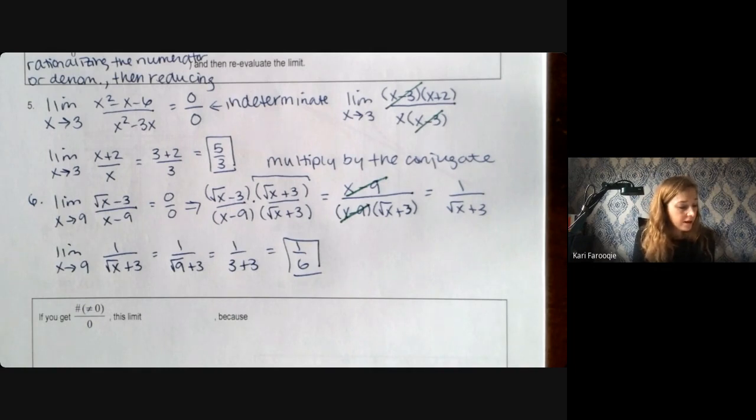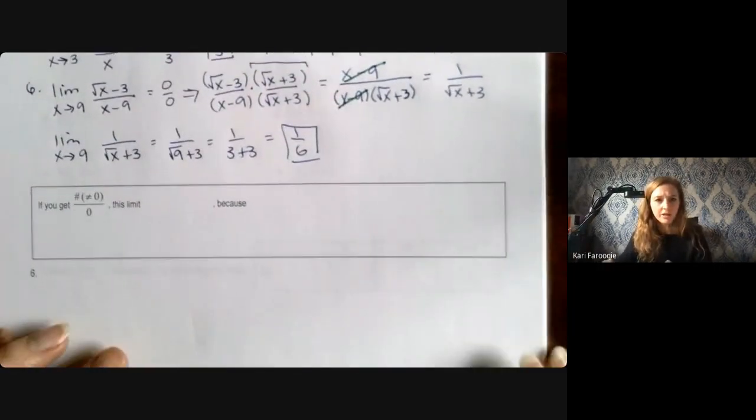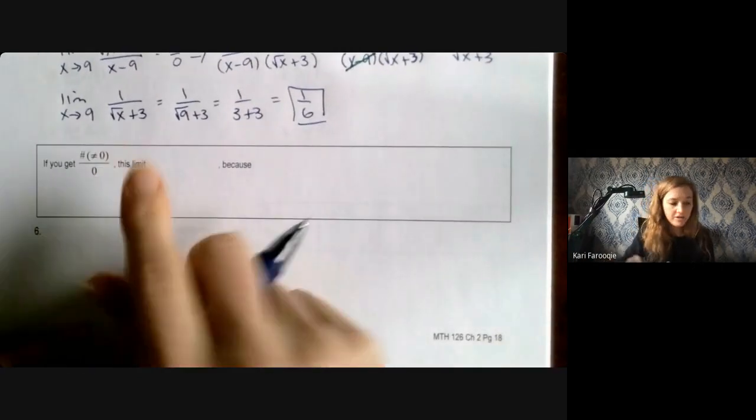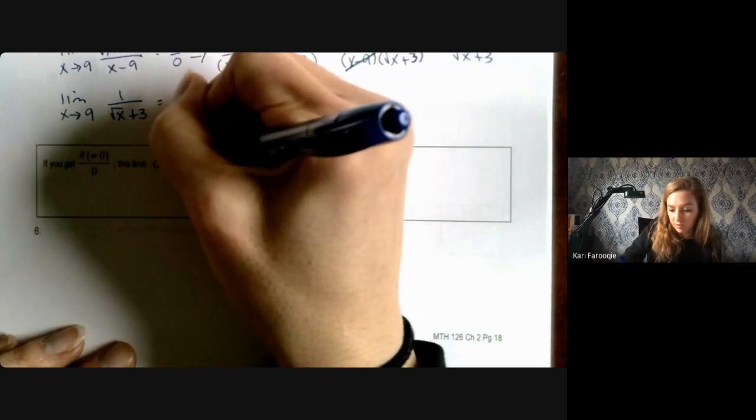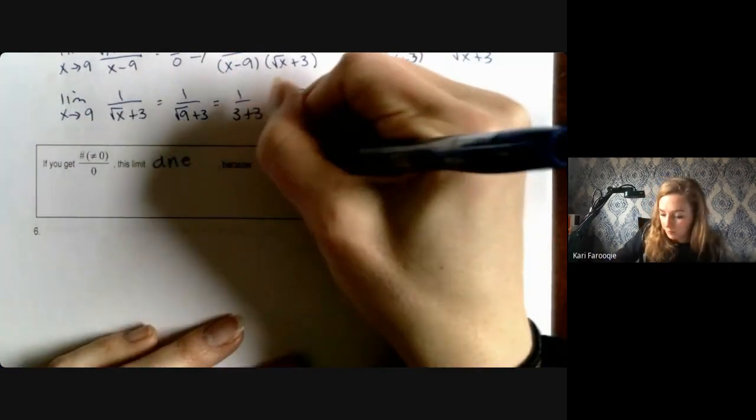The last thing I wanted to say about direct substitution was, and I was trying to talk about this too soon a few minutes ago, but here we are at the special box. If you get some sort of a number that's not 0 divided by 0, this limit does not exist because there's a vertical asymptote there.